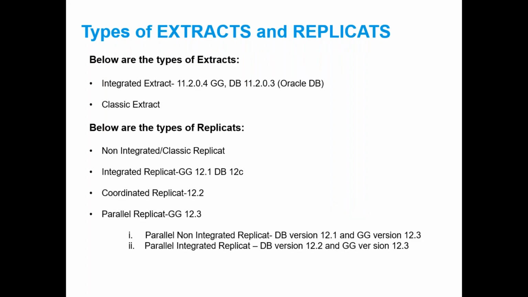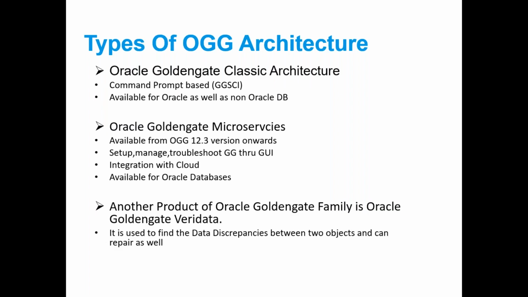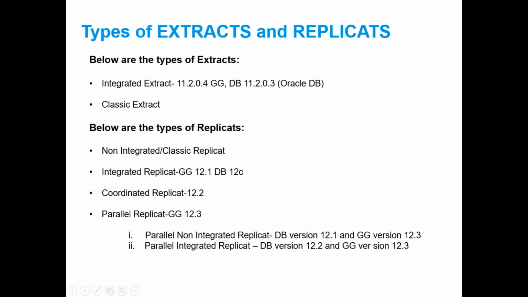The reason why I introduced this slide here is I know some people get confused that with the introduction of microservices, integrated is no longer being used. So just to let them know, there are two types of architecture: classic and microservices, and there are different types of extracts and replicates. Integrated is a type of extract and a type of replicate.